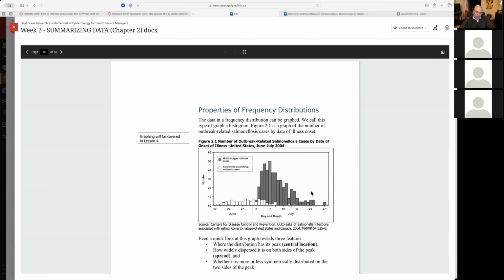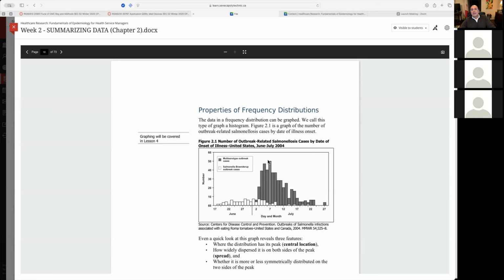If you have a normal distribution, then we can use statistical tests that we call parametric tests, such as the t-test.